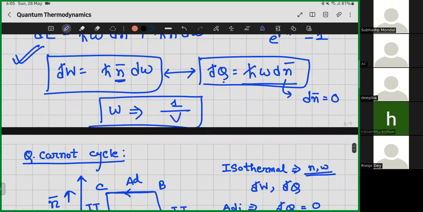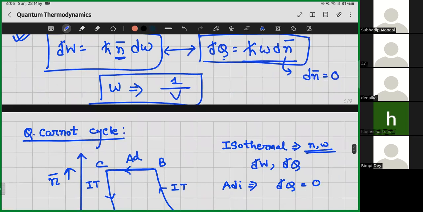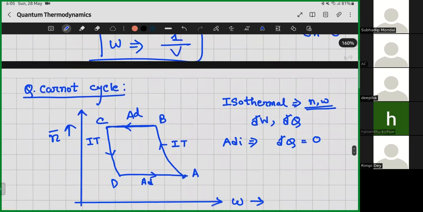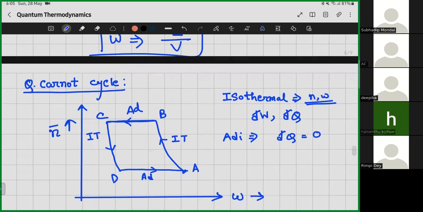We can think like this: let's say this is isothermal. Here omega is decreasing from A to B, and omega decreasing means the volume is increasing, so it's an isothermal expansion. But there is no explicit quantitative dependency, it's just qualitative.